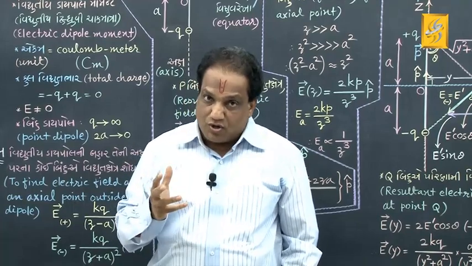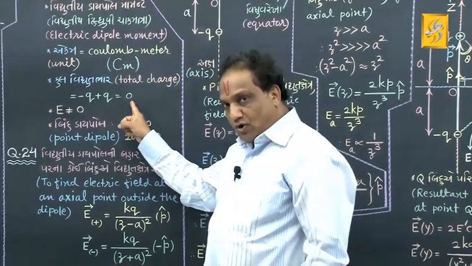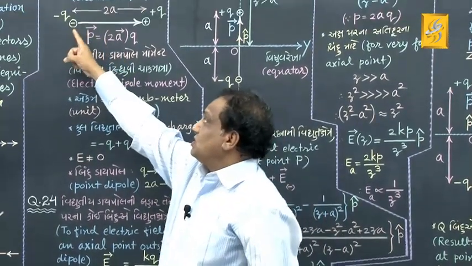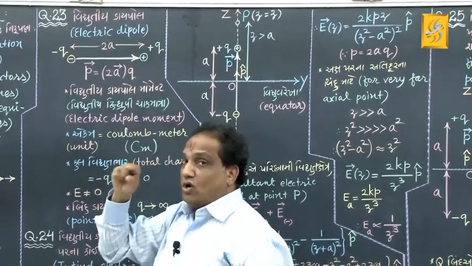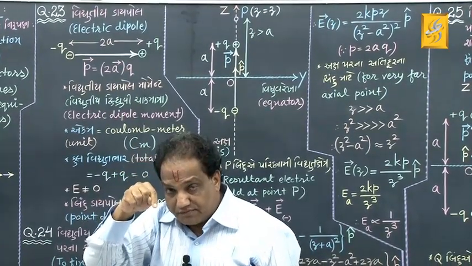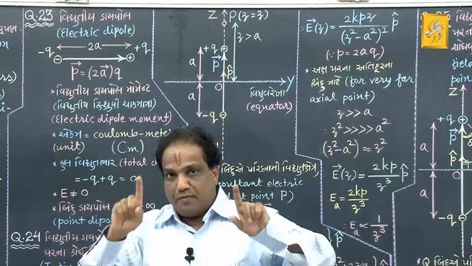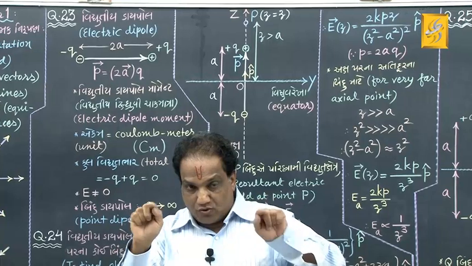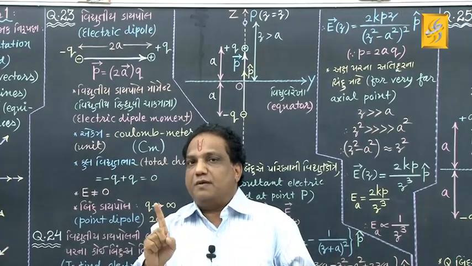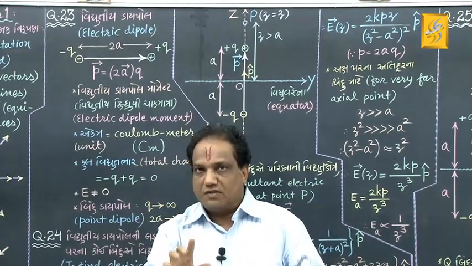Why? Because no doubt total charge is 0, but the two constituent charges are not located at the same position. They are separated by some finite distance. Because the two charges are located at two different positions, this dipole has electric field.